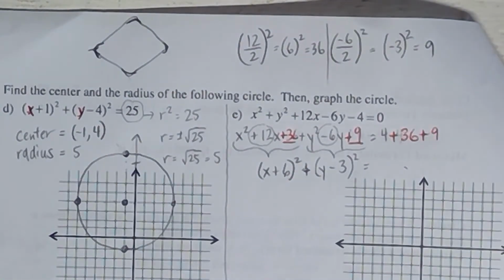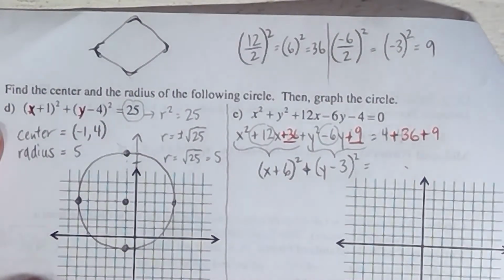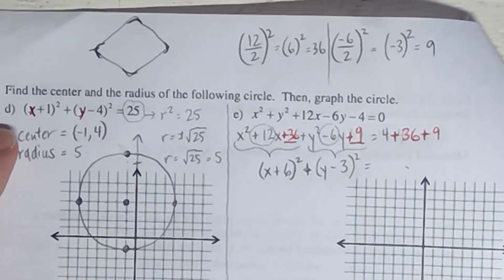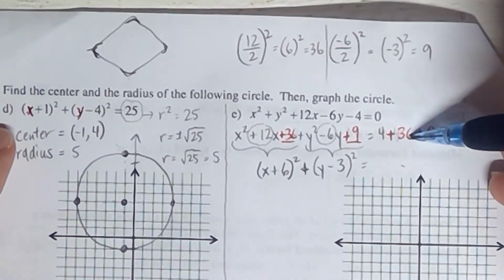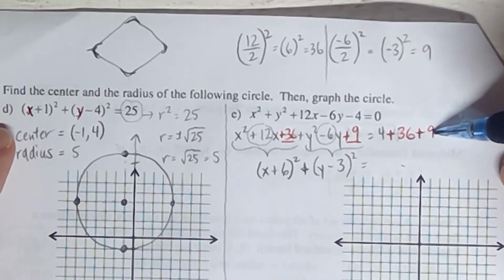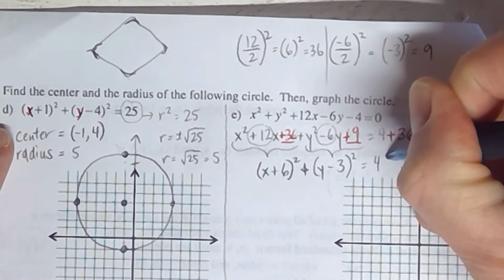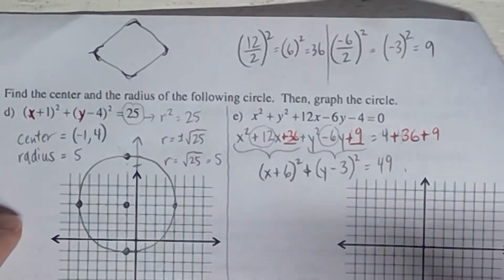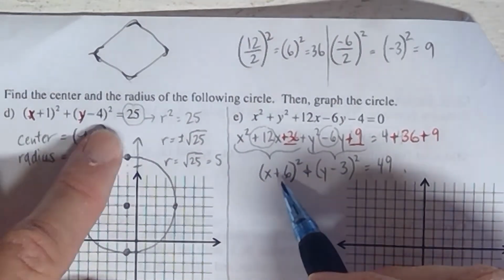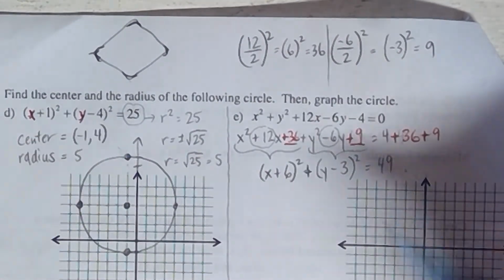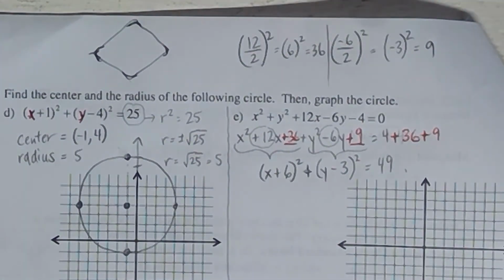Again, very similar stuff to what we did in section 8.1. What's on the other side here? 4 plus 36 is 40. 40 plus 9 is 49. And now, you guys, it looks like this over here. It now looks like the circle formula that we've been talking about. Okay?